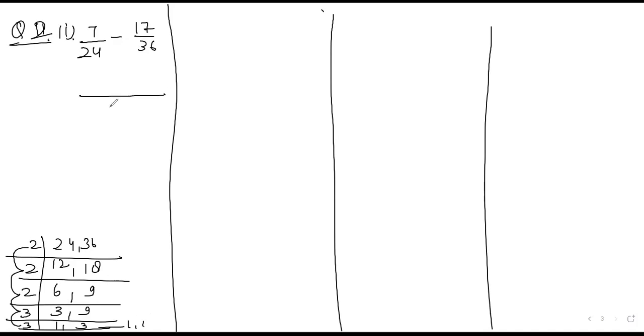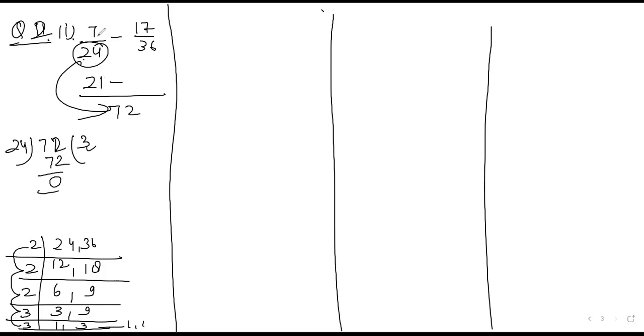Okay, so 72 will be here. Now 24 divided into this number will give you 3, and 3 multiplied with 7 gives you 21 minus. देखो 24 का डिवाइड करोगे 72 में आंसर कितना आएगा आपका 3. 24 3s are 72, आपका आंसर कितना आएगा 3. तो जो आंसर आता है उसको क्या करते हैं, न्यूमरेटर में मल्टीप्लाई. तो 7 से 21. ओके, अब 36 का डिवाइड करोगे 72 में तो 2 बार जाएगा. 0 आ जाएगा. तो 2 आंसर आएगा. 2 into 17 करोगे 34. ठीक है.